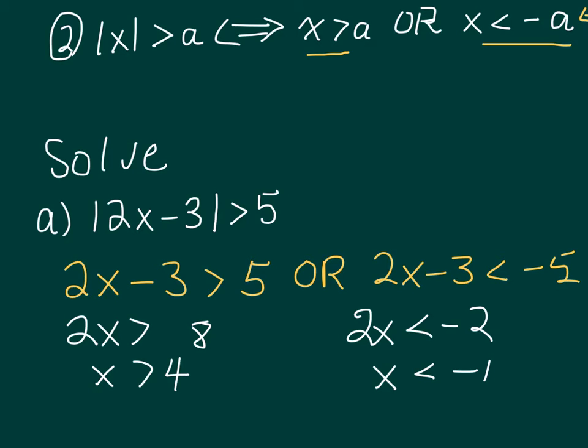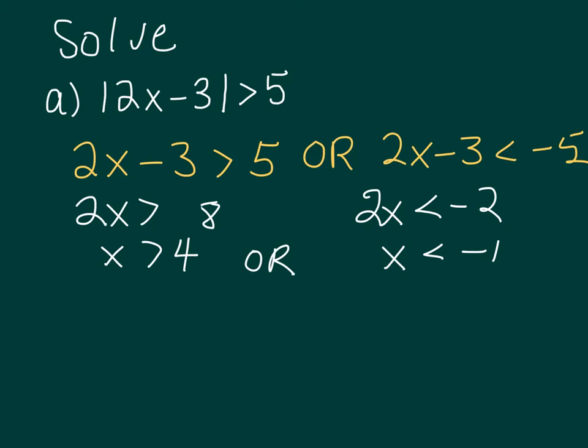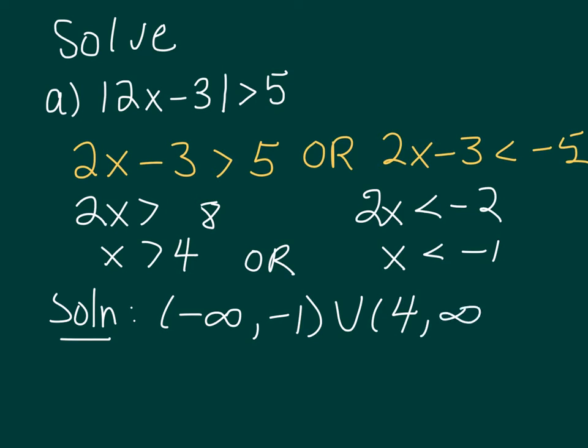Okay? So for our solution, we have x is greater than 4 or x is less than minus 1. And writing that in interval notation, the solution set is minus infinity to minus 1 union 4 to infinity.